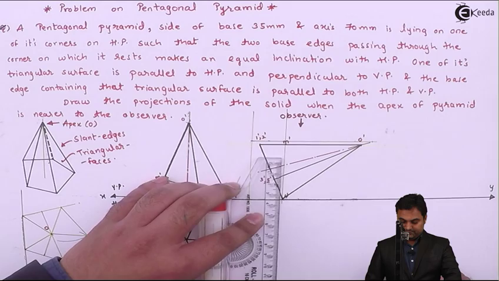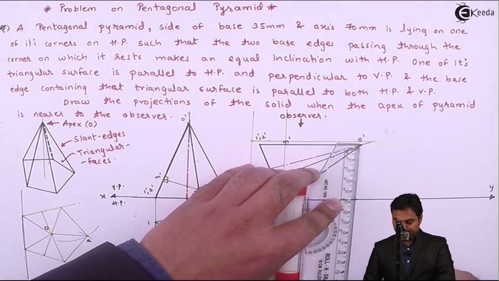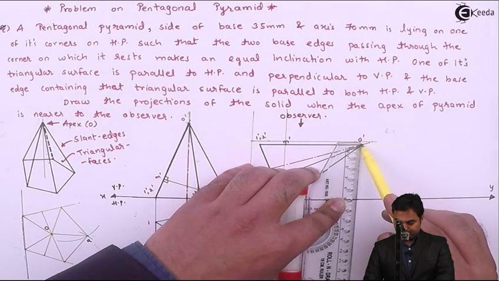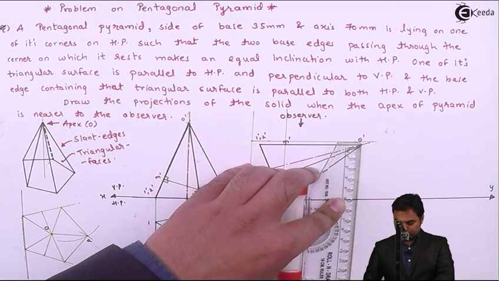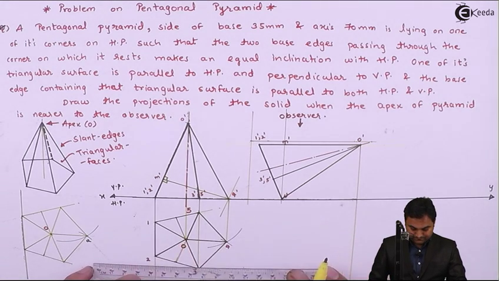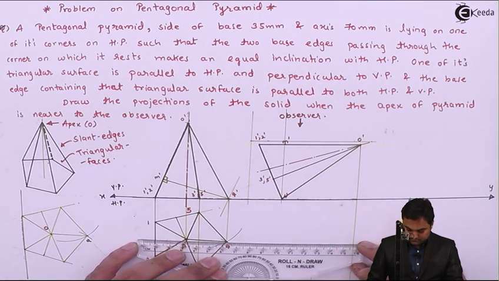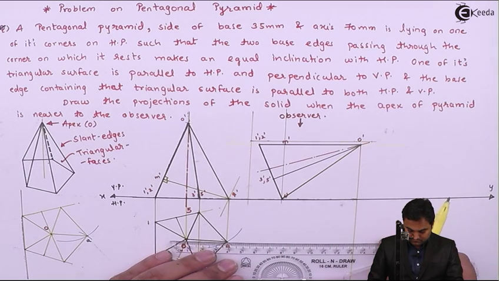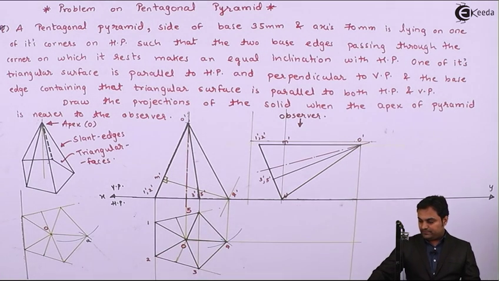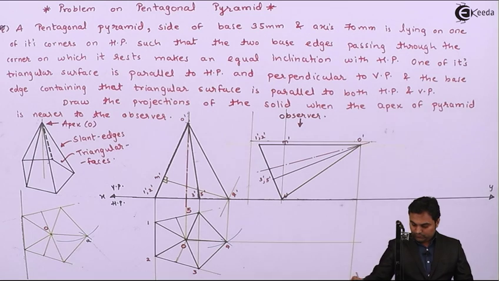So starting with the apex, and here also the apex will be projected. So this gives me point O.